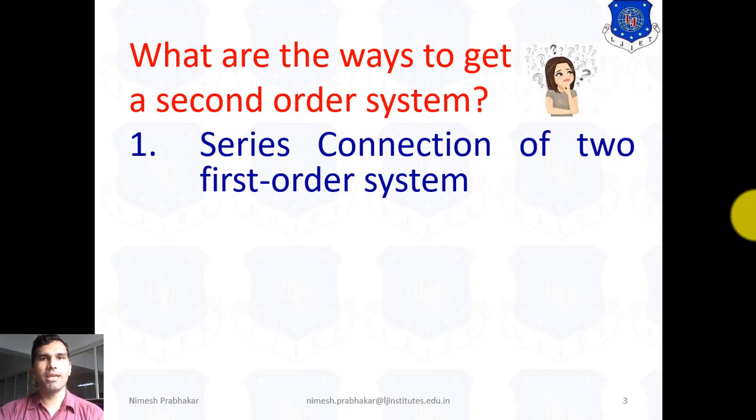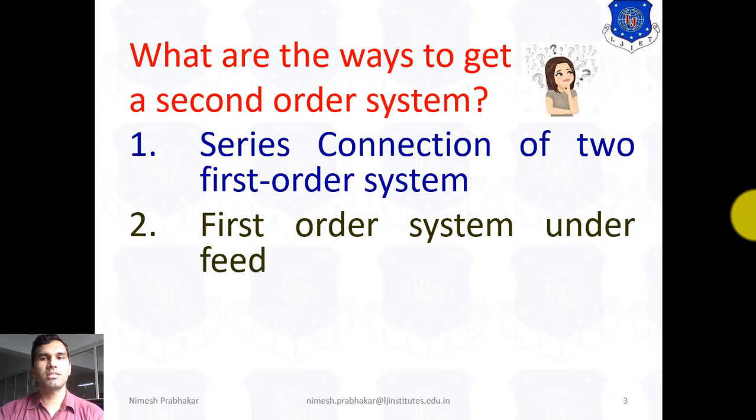The second way to get a second order system is a first order system under feedback control. That means if we take any first order system and give it feedback control, then that system becomes a second order system.